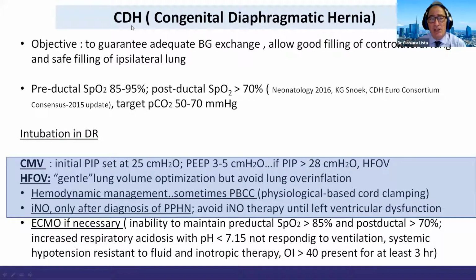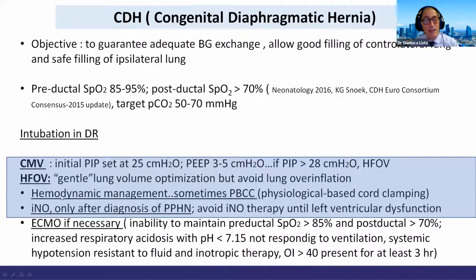For CDH, congenital diaphragmatic hernia, all the babies are intubated in the delivery room, and if you use conventional mechanical ventilation, you have to pay attention to the peak inflation pressure in order to reduce the risk of pneumothorax. When the peak inflation pressure is too high, it's suggested to switch the baby from conventional mechanical ventilation to high frequency.